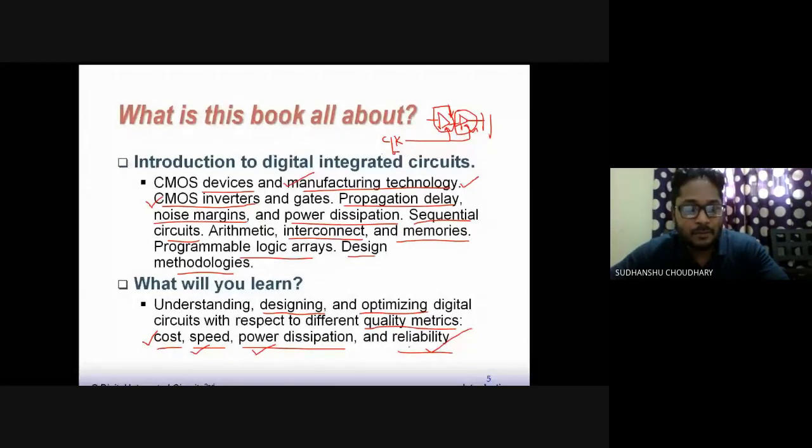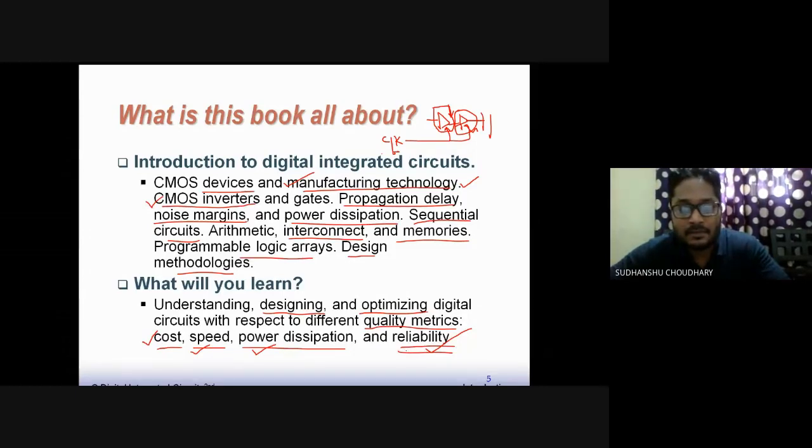Right? So for example, you have designed maybe a multiplexer, let us say. So that multiplexer should behave like a multiplexer. Finally, when you test that multiplexer, it should behave like a multiplexer. And if it doesn't, it's a waste then. Right? So my circuit should be reliable.